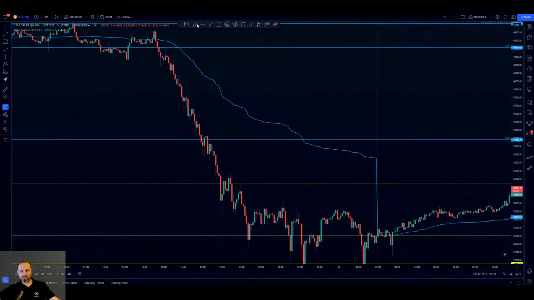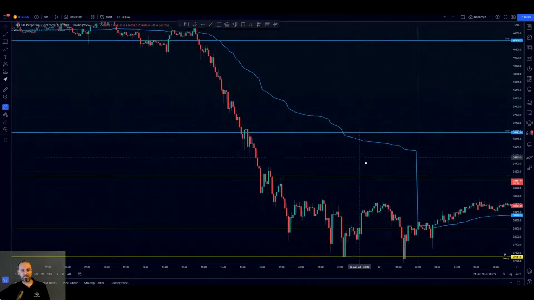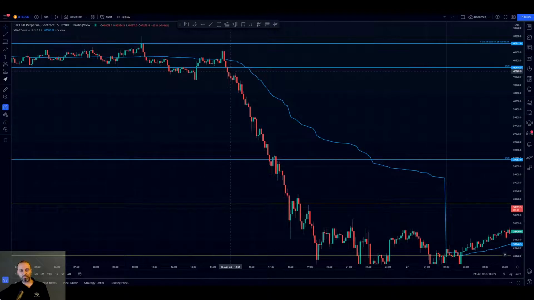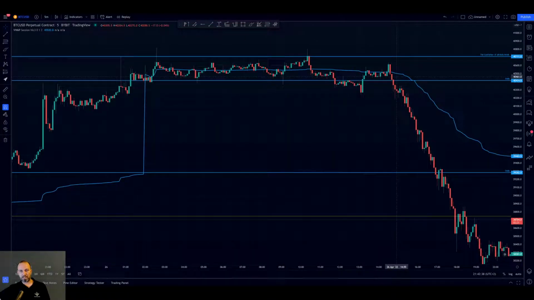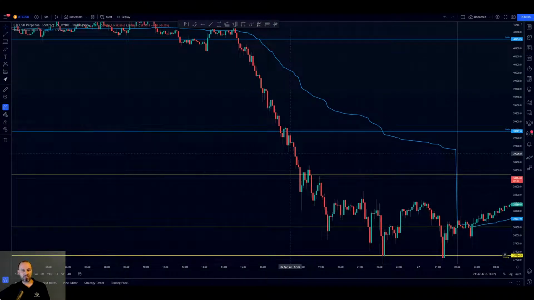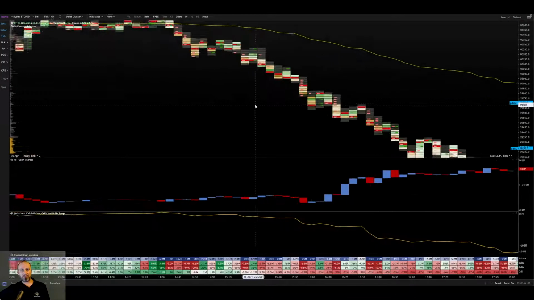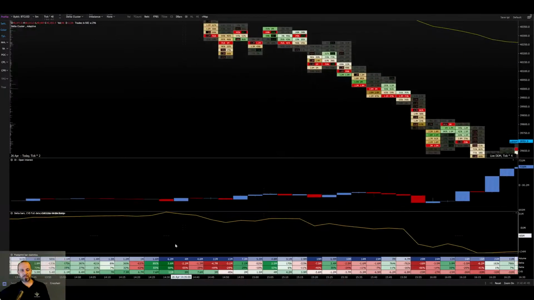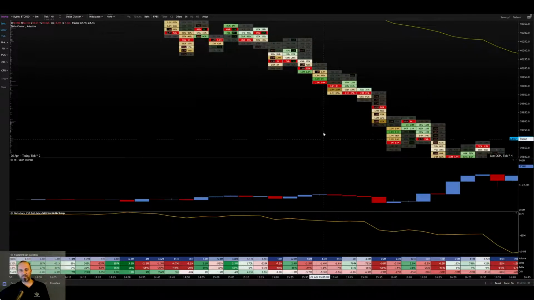But anyway, I'm not going into a lot of details. Everything starting with this rejection, when this range broke to the downside, this can be used to build context. So as long as you see increases in volume, we can see 11 million, 19 million, 23 million, and so on.